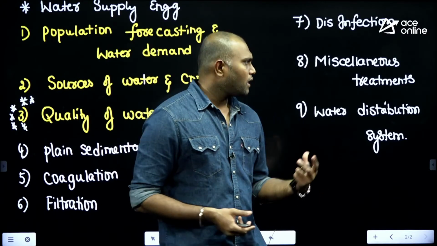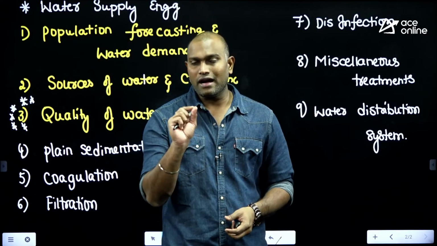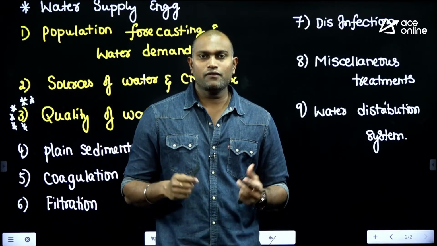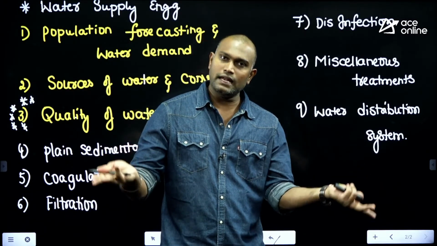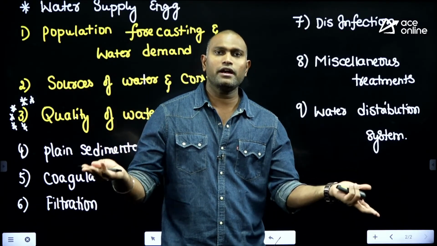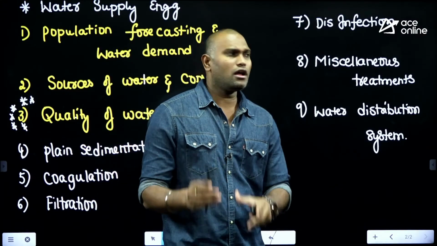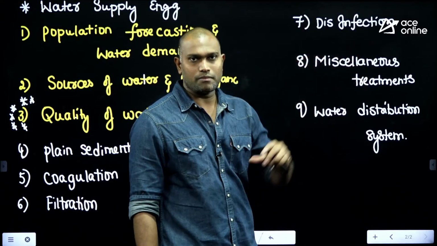And if the water consists of more iron salts, manganese salts, then also we go for aeration techniques. If the water consists of more minerals, demineralization; more fluoride, defluoridation; more salt, desalination. Those all come under miscellaneous treatments.